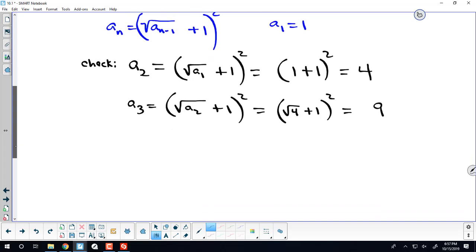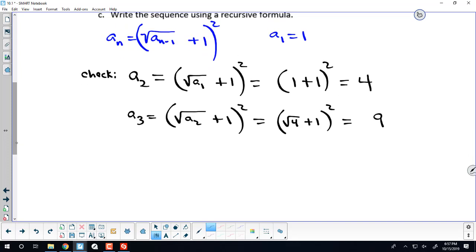But the idea is once we have one of those recursive definitions, it's really not a unique thing. We could also say that the next term, the a sub n plus 1 term, is equal to the square root of the previous a sub n, plus 1, squared.